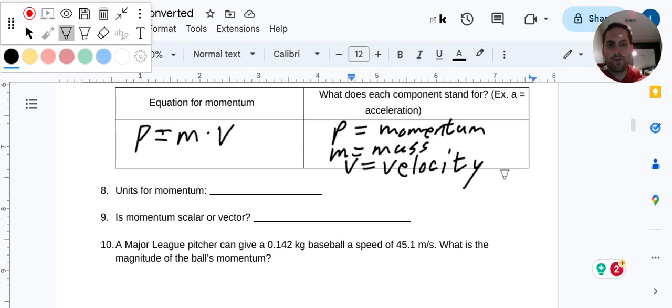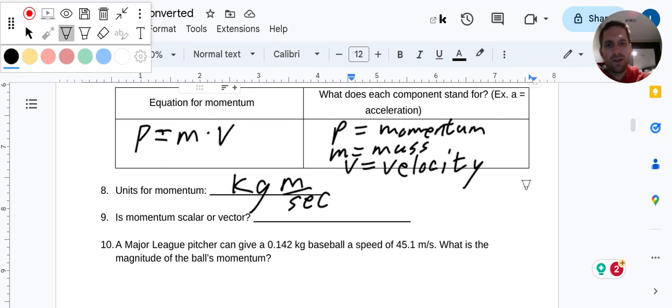Our units for momentum are, of course, the units for mass, the kilogram, times the SI units for velocity, which is meters per second. And momentum is a vector because velocity is a vector.